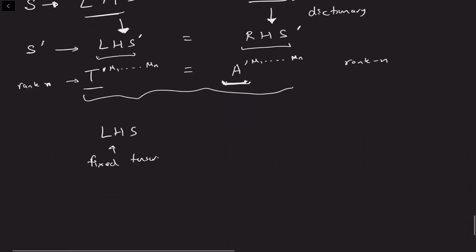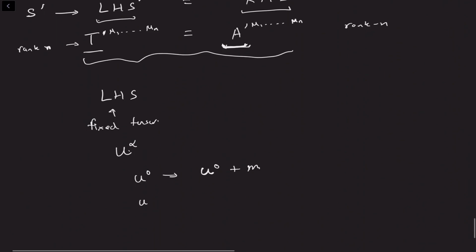Supposing I had something like U alpha, and to U0 I add U0 plus M, and to U1 I add U1 plus E, let's say, where the quantities here transform as components of a 4-vector, but the quantities I'm adding are, let's say, scalars.